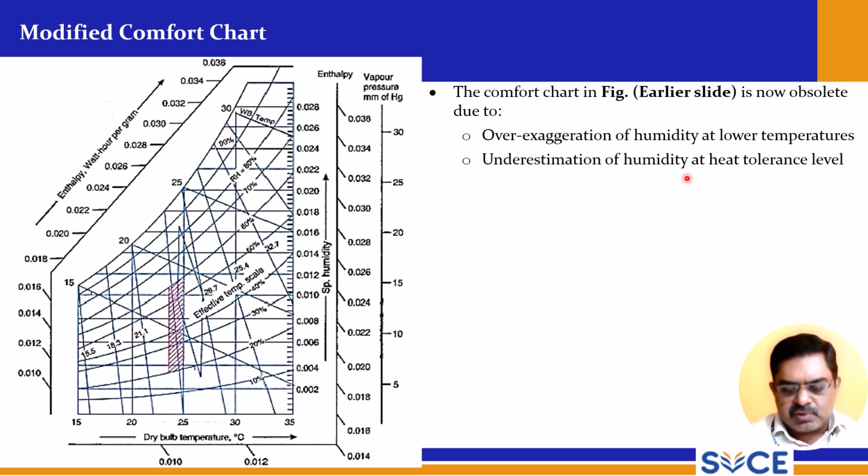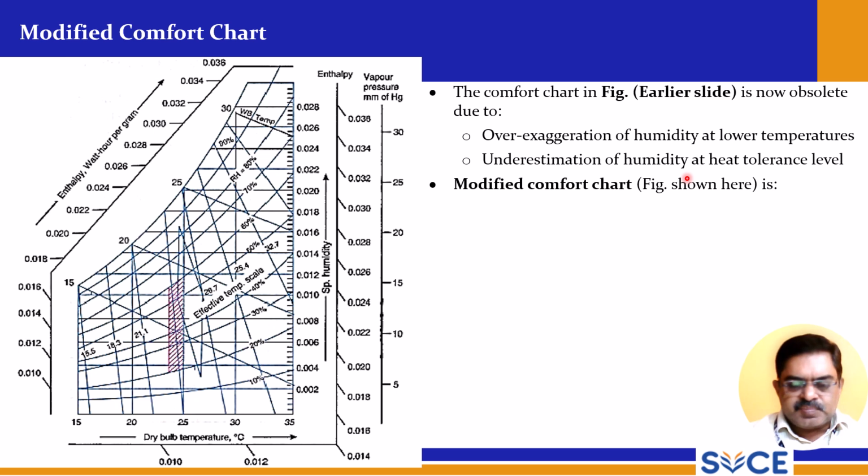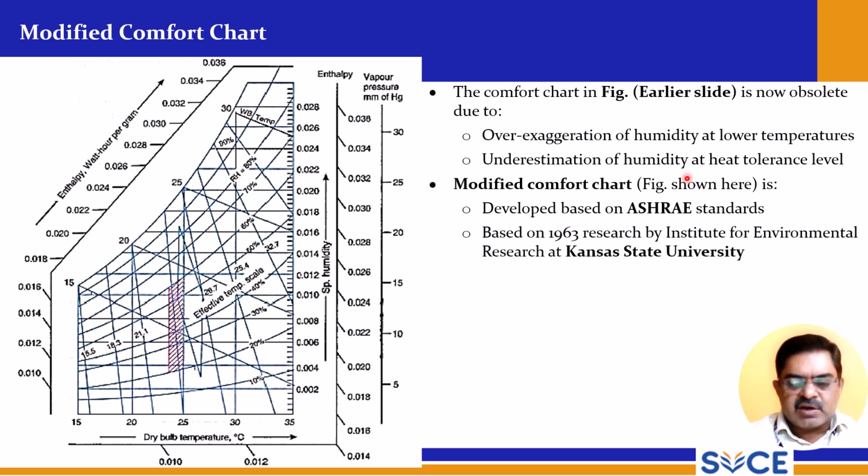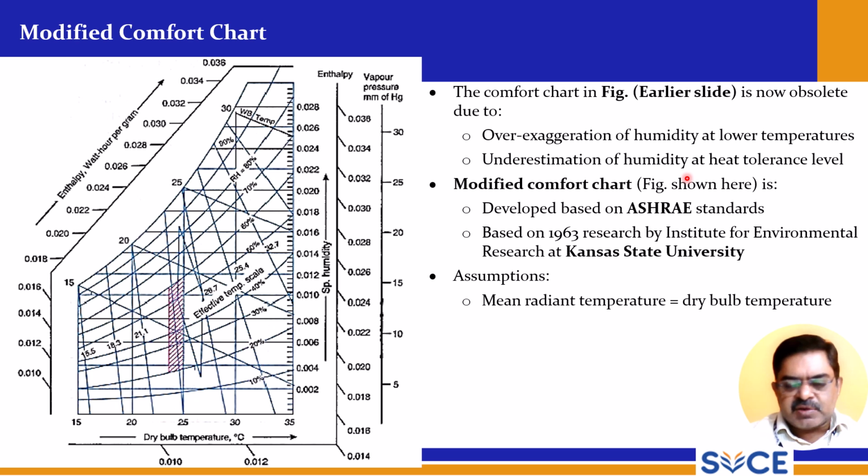That is why the earlier comfort chart is almost obsolete, and this is the new and latest one, known as the modified comfort chart. It was developed based on ASHRAE standards and on 1963 research by the Institution of Environmental Research at Kansas State University. Assumptions made here: mean radiant temperature equal to dry bulb temperature, and air velocity less than 0.17 meters per second.